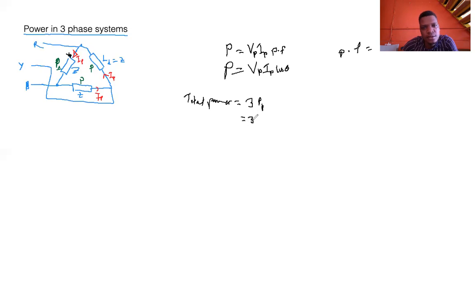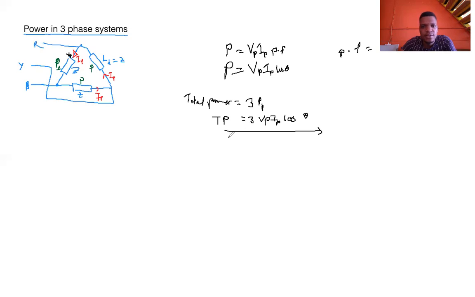So that's going to be 3 Vp Ip cos theta. All right. So this is the total power. Let me just say Tp.